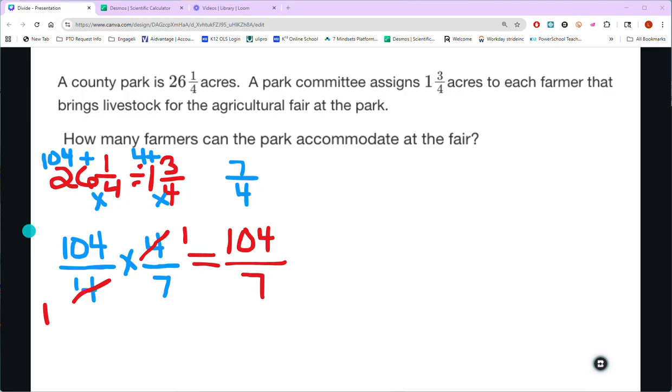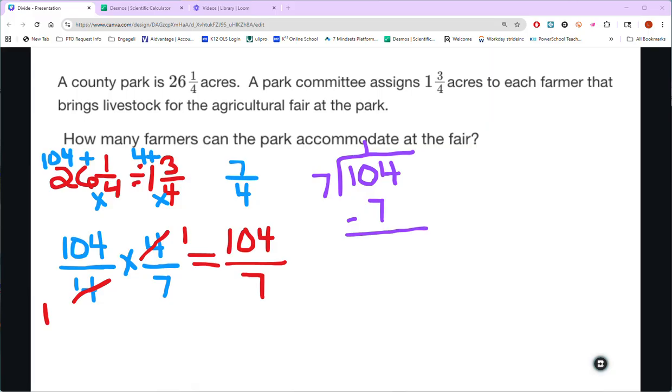And then I will use long division, it's a different color, to simplify 105 over 7. So I know 7 can go into 10 one time without going over. 1 times 7 is 7.